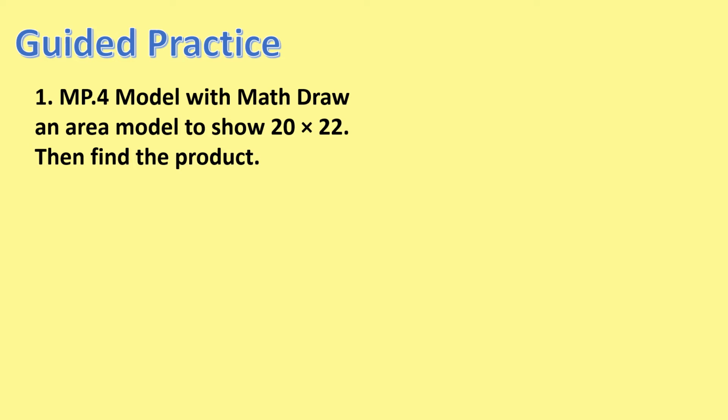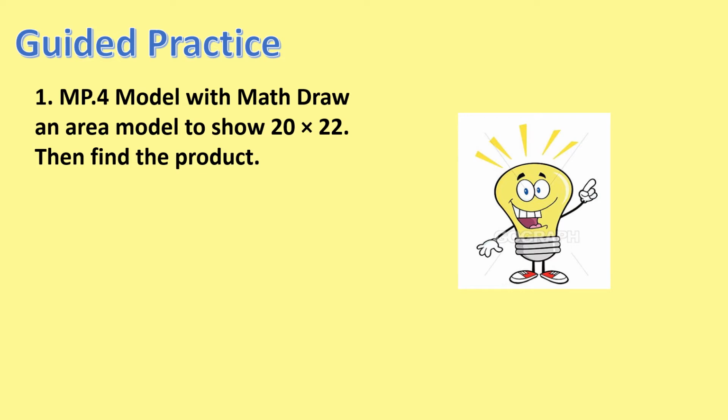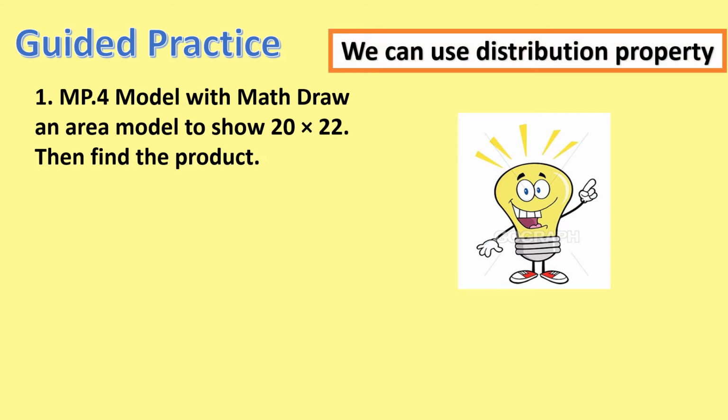Now let's go to the guided practice in your book. Number 1, he wants you to make a model to show how you can make 20 times 22 and find the product. Actually, the way of distribution is very, very clear. So it's a great idea in solving this type of problems. When we have two-digit numbers multiplied by any multiples of 10, we can directly use the distribution property, as we will see here.